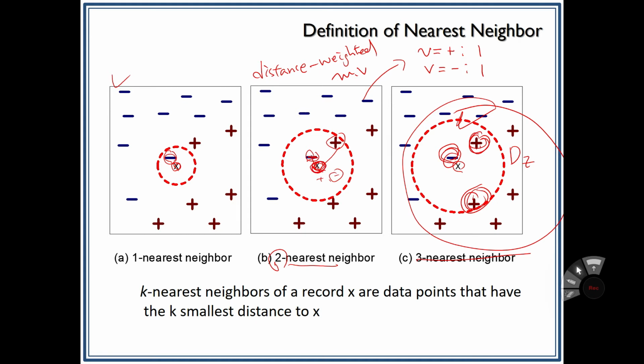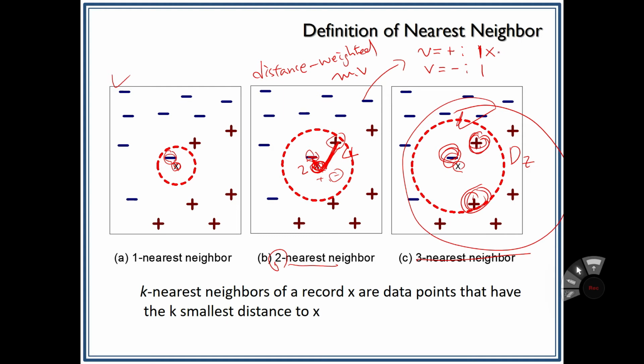But let us say that the distance between these two objects is 2, and the distance between these two objects is 4. Then instead of just returning 1, we multiply by the weight, which is the inverse of the distance.